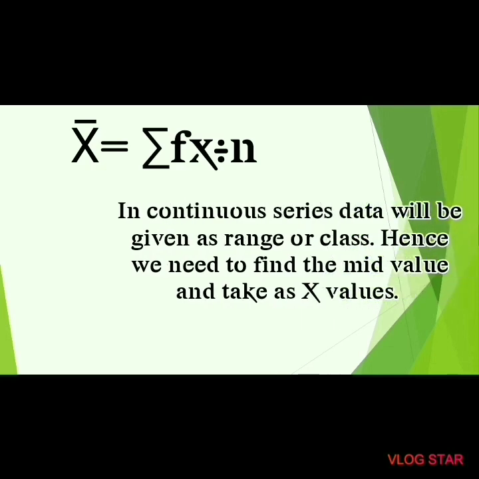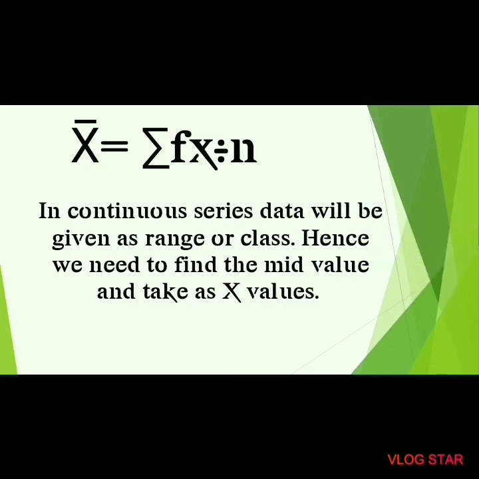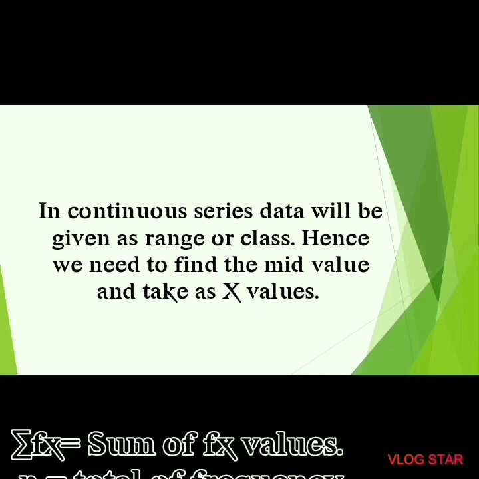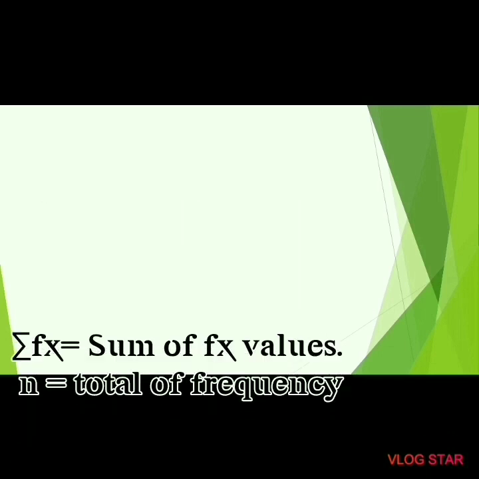As you know, in a continuous series, the data will be given as a range or class. Hence, you have to find out the mid value and take it as the x values. You will understand once we go into a practical problem.